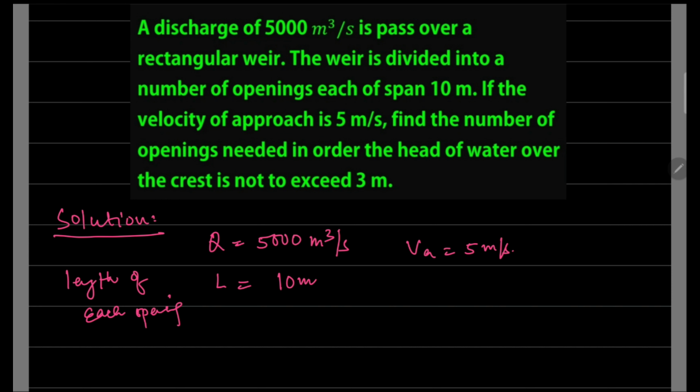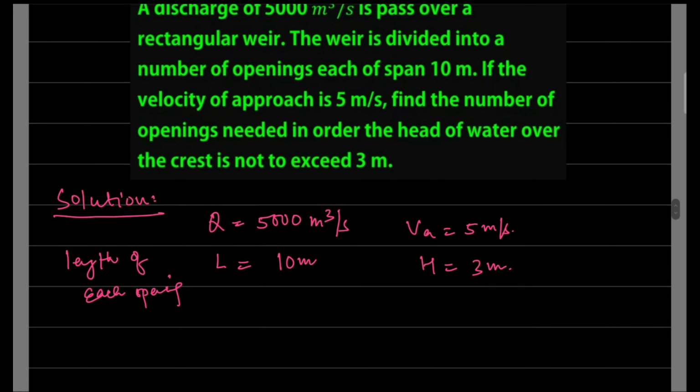The head over the weir required here is 3 meter, so that should not exceed 3 meter. So H is 3 meter. Now everything is given to us. With these values we can go for the solution of this problem.